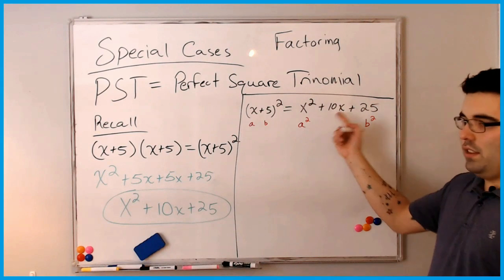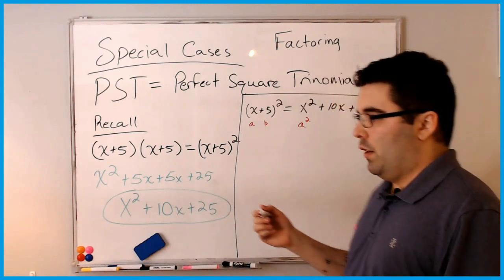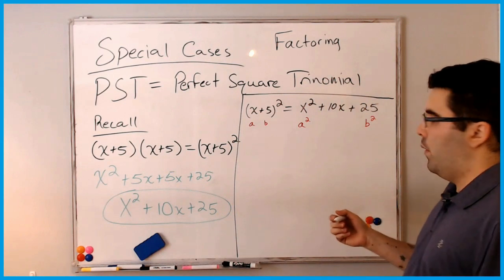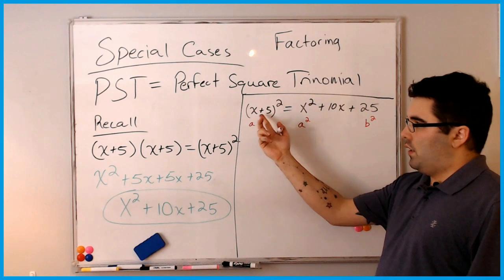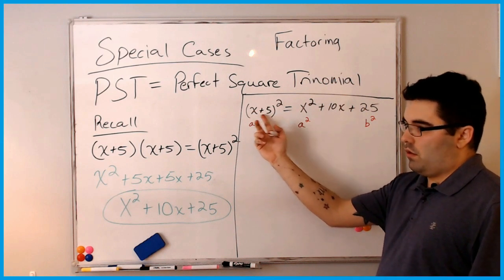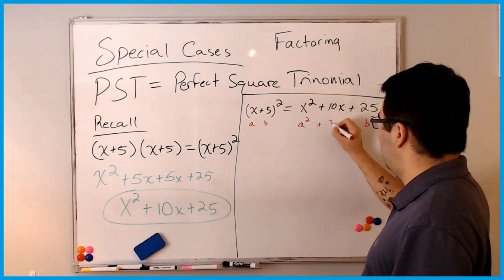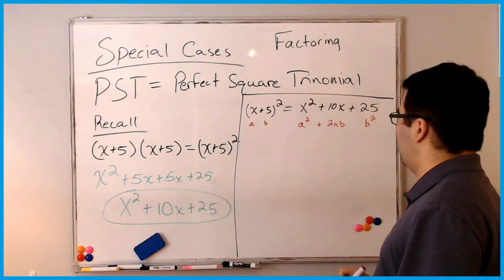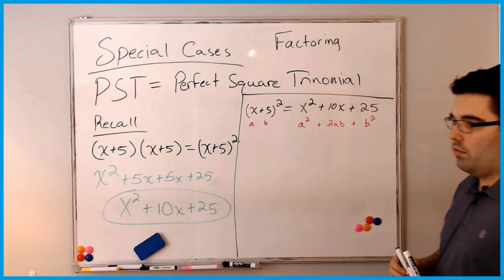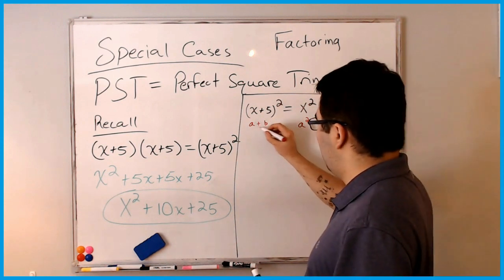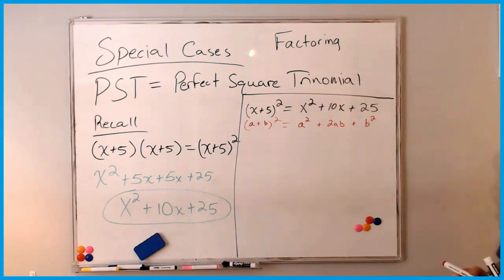And then you've got that 10x. So the question basically is just, well, where does the 10x come from? And well, it's based again on the x and the 5. Specifically, it's 5 times x times 2. So this is plus 2ab plus b squared. So there you go. If you have (a plus b) squared, it equals that.